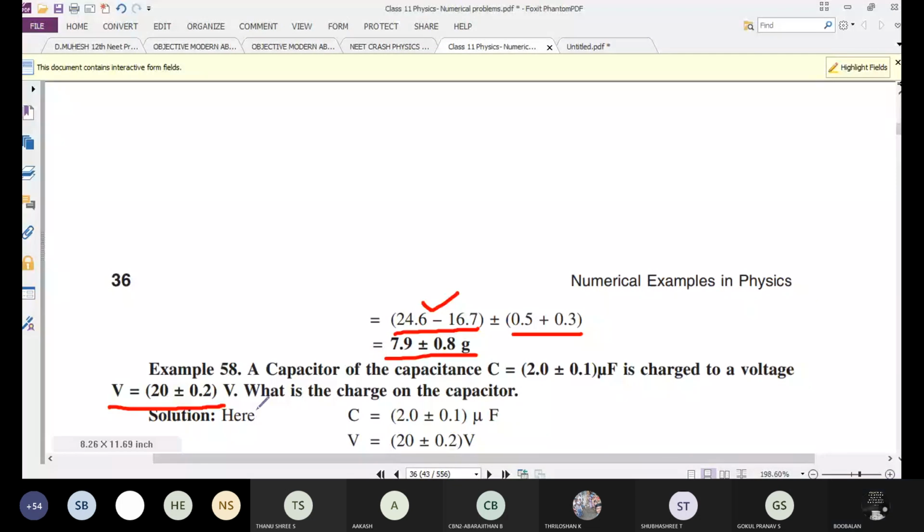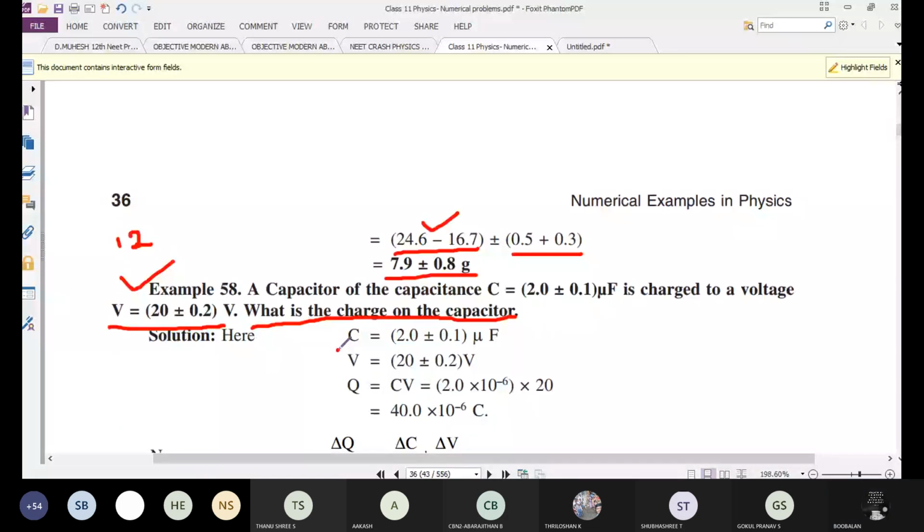This formula is from class 12th. You will learn capacitors in class 12th, but now I will tell you the formula alone. Please note it. So C value 2.0 plus or minus 0.1, V value 20 plus or minus 0.2.